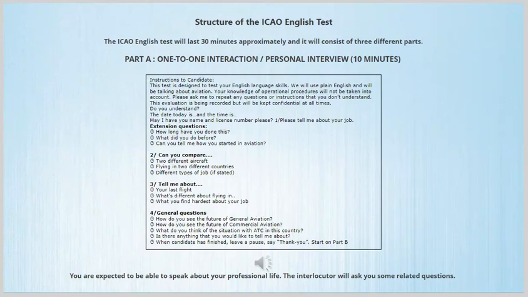What do you think of the situation of ATC in this country? ATC in this country, I think the people who work in ATC are prepared to work, and they know how to control.